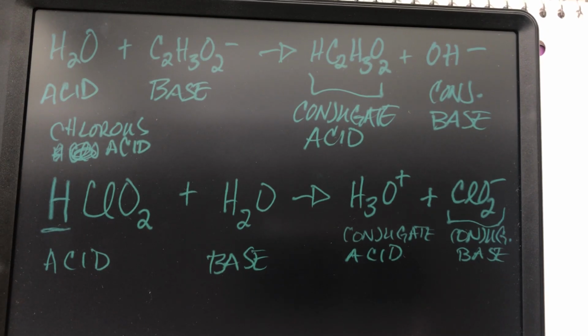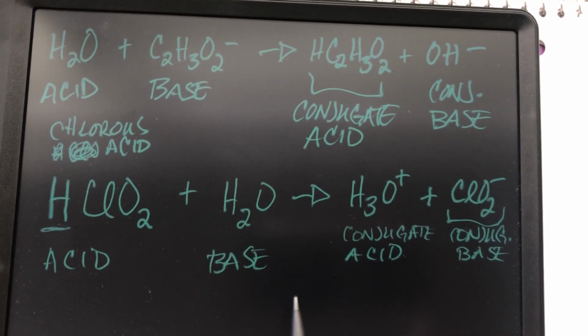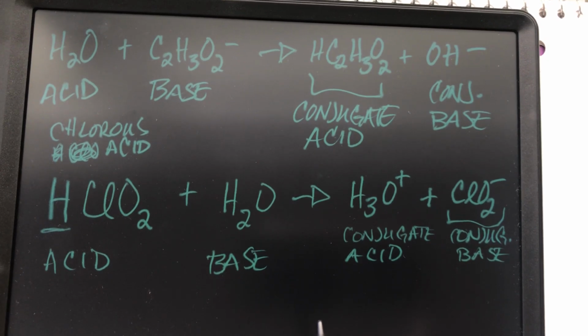But they don't always have charges, right? In the previous example, I think we saw that the conjugate acid didn't have a plus sign on it, right? So it's not that they have to have those signs, right? But it makes it a little bit easier to see when they do, right? Does that make sense?